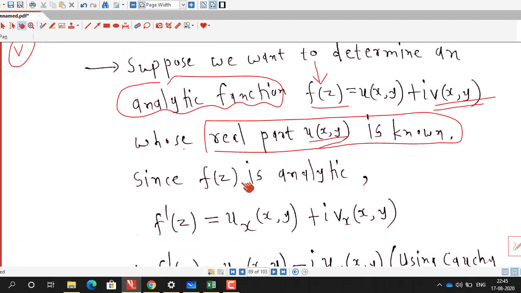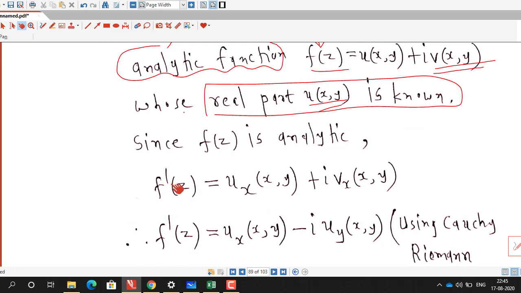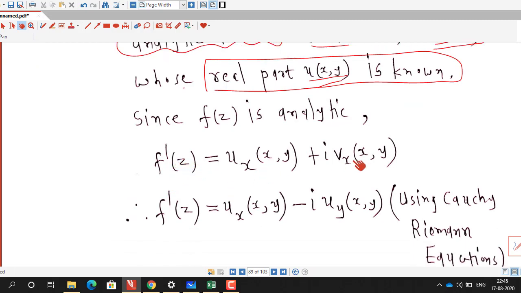It is given that f(z) is analytic, therefore f(z) is differentiable. So we can write the formula for the derivative of f(z). It is f'(z) = ∂u/∂x + i ∂v/∂x. Now v is an unknown quantity, so we replace v_x by -u_y, because the function is analytic, so u and v satisfy the Cauchy-Riemann equations.